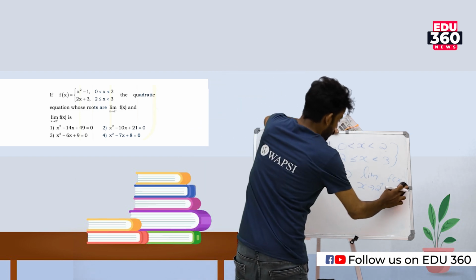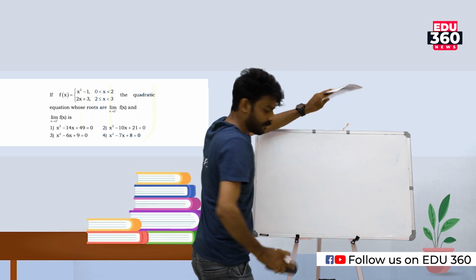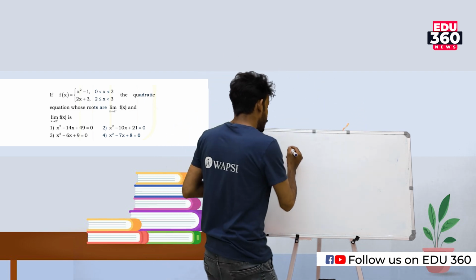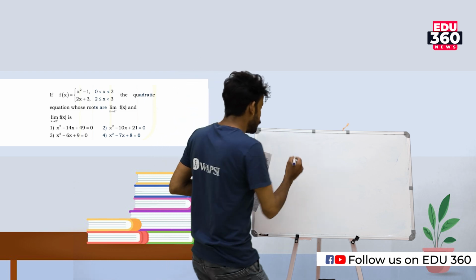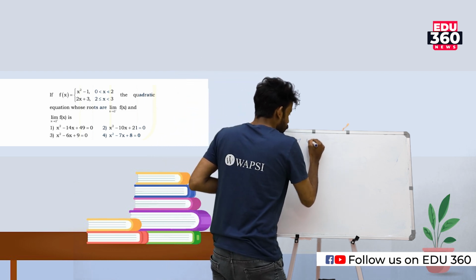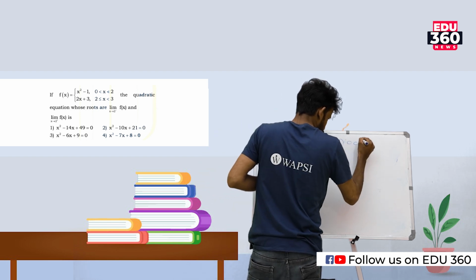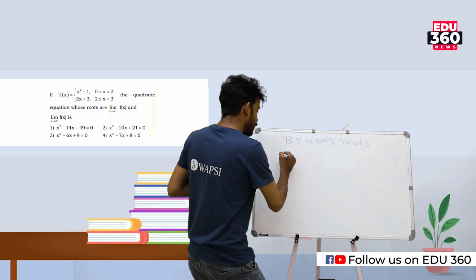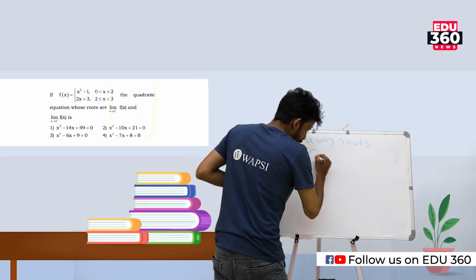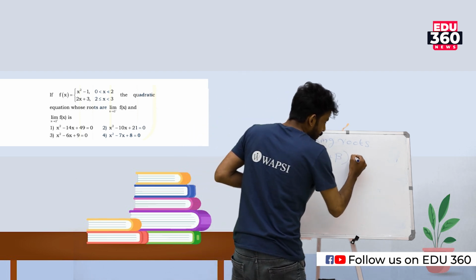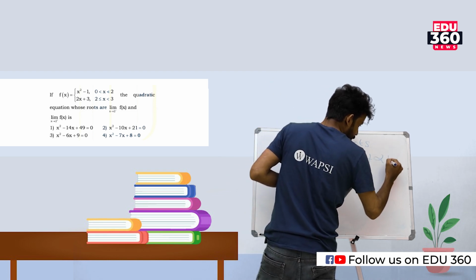First of all, we can write the standard form of a quadratic equation by using the roots. That is x square minus (alpha plus beta) x plus alpha beta.